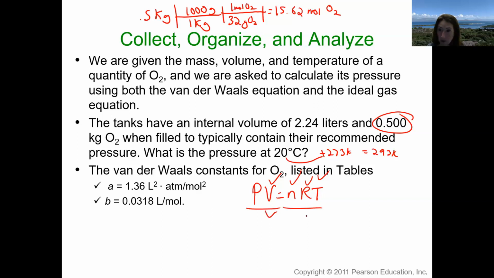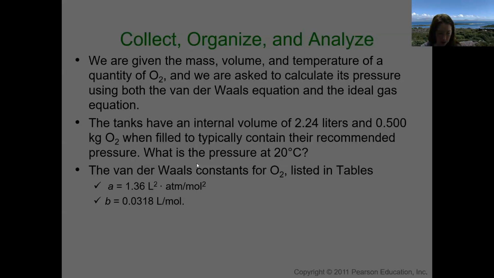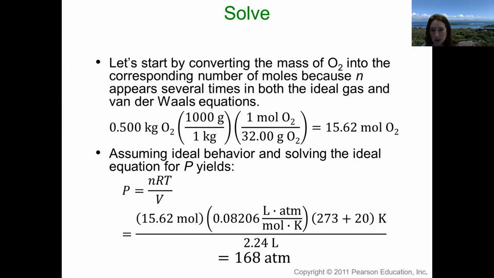Divide by V, P equals nRT over V. We just plug it in and solve. I think I have that for you on the next page. I do, because we know how to do this now. Very good. Here's our n, our R, our T over our V, and we get 168 atmospheres.